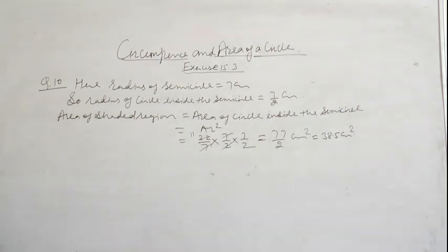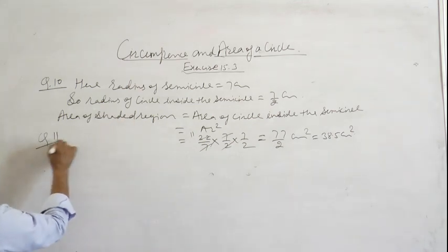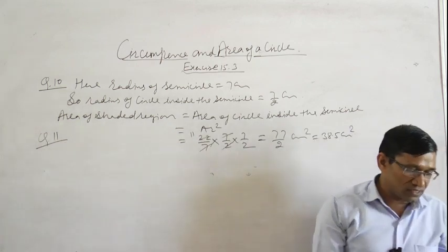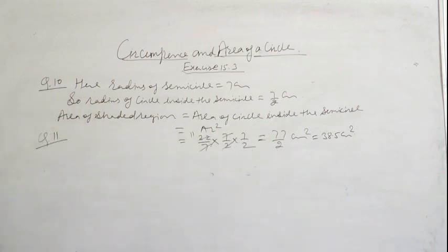Now question number 11. Question number 11: the sum of the circumference of two circles with radius r1 and r2 is equal to the perimeter of the circle with radius r. Choose the correct option.